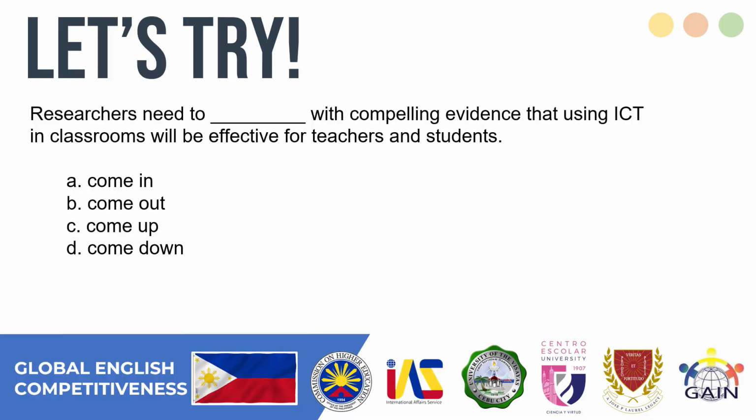Great! Now that you're done learning about phrasal verbs, here are some activities to boost your understanding. Let's try them. Select the correct phrasal verb for the given sentences. The correct answer is come up.